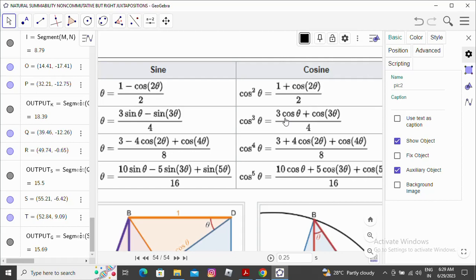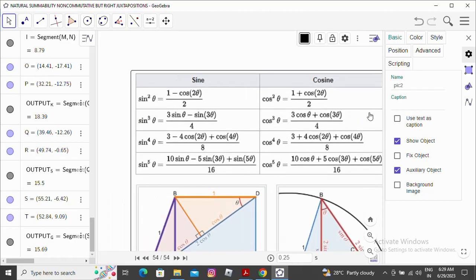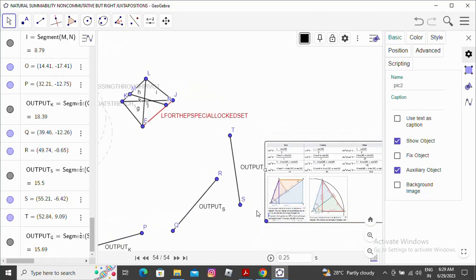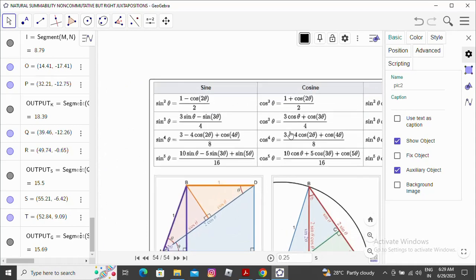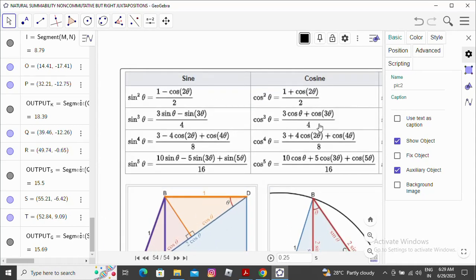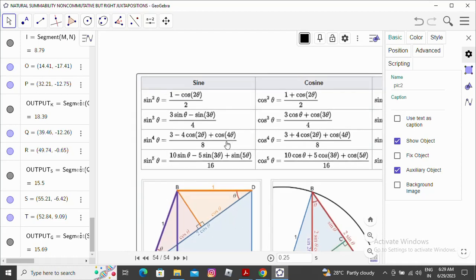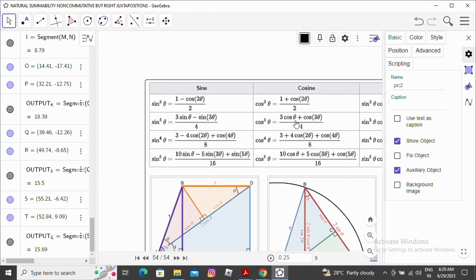Now when the problem is non-commutative, everything interacts with the final output line segments. Here 3 cos theta is a line segment and cos 3 theta has an output line segment. 3 cos theta is a GT simplex, cos 3 theta is a GT simplex, but all GT simplexes have a final output line segment, and when they are added, the whole GT simplex is moved.